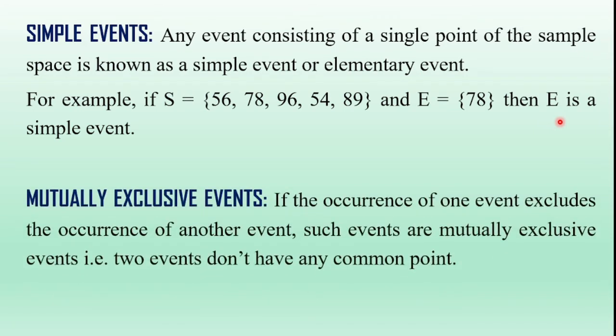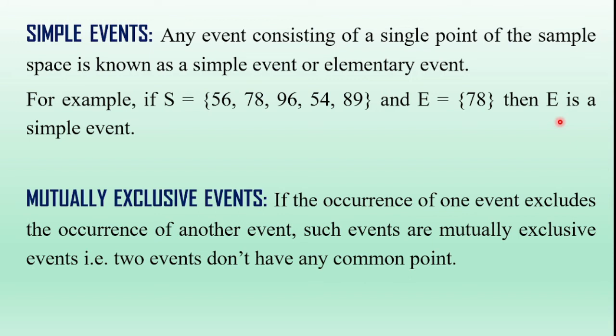Next one is mutually exclusive event. Two possible outcomes of an experiment are said to be mutually exclusive events if the occurrence of one outcome prevents the occurrence of the other outcome.